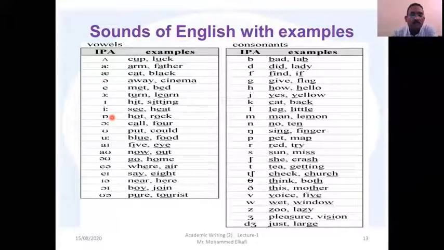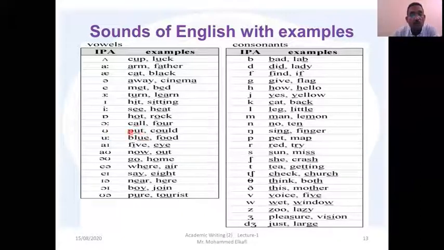O, as in hot. This one is O, as in four. This one is U, as in put.